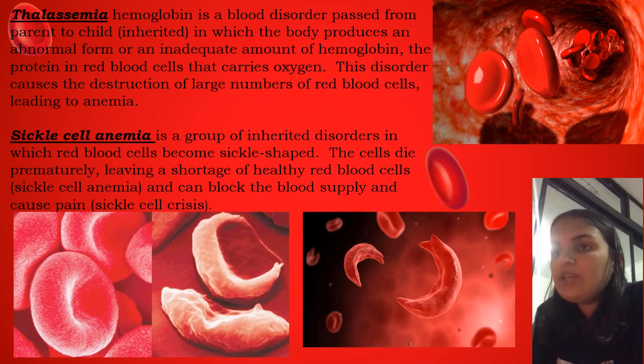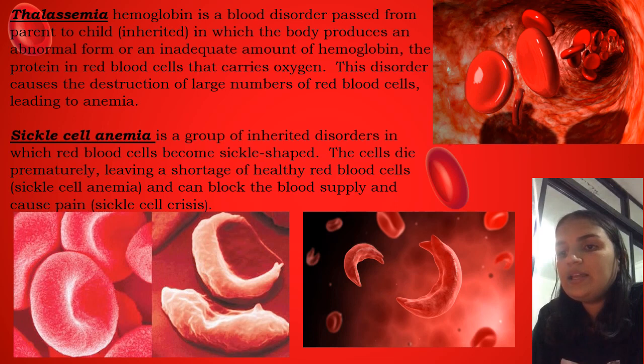Thalassemia is a blood disorder passed from parents to child, inherited, in which the body produces an abnormal form or an inadequate amount of hemoglobin. That protein in red blood cells carries oxygen. This disorder causes the destruction of a large number of red blood cells, leading to anemia.